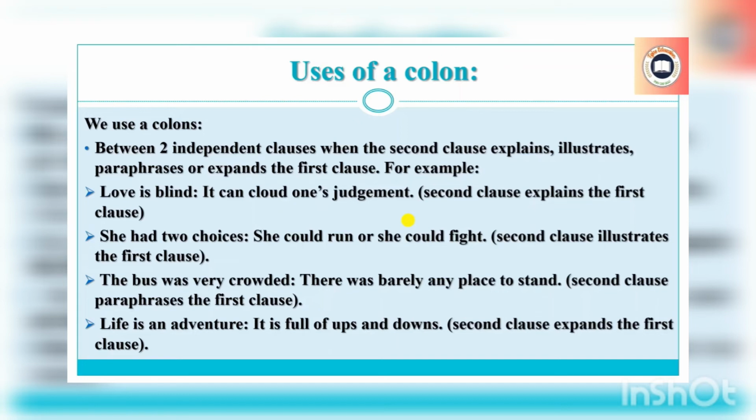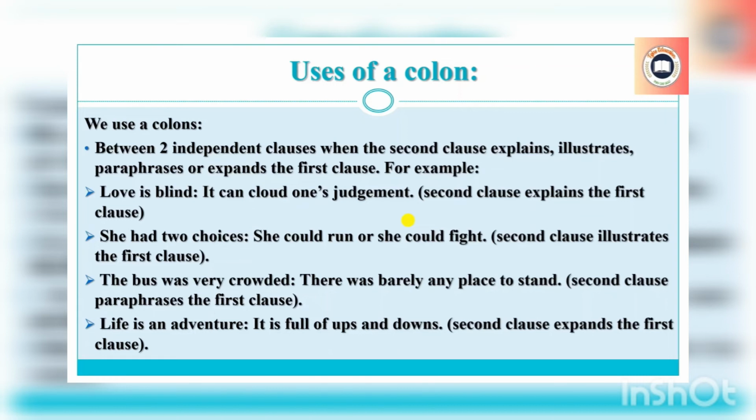Now, let's look at the third sentence. So, the third sentence is, the bus was very crowded. The bus was very crowded and there was barely any place to stand. Now here the second clause is actually paraphrasing the first clause, or it is saying the first clause in other words.